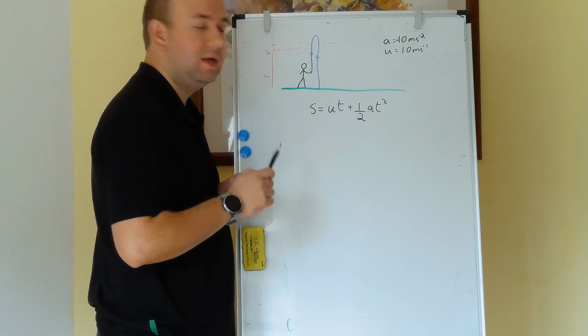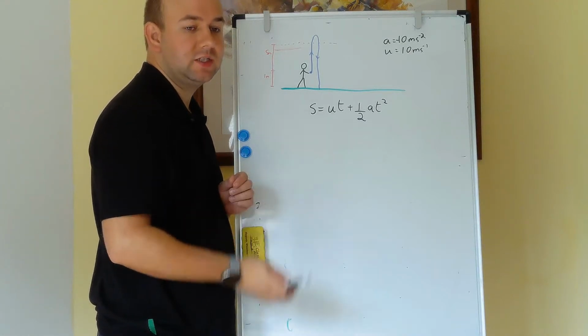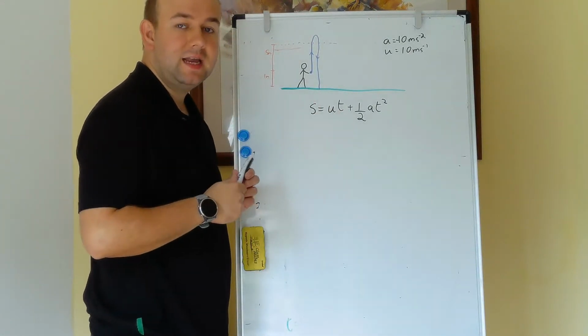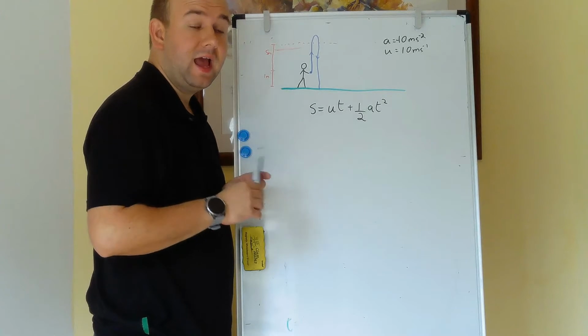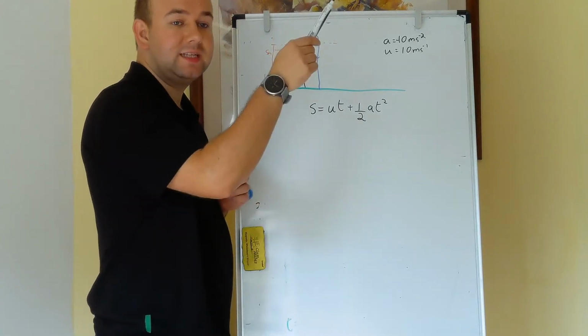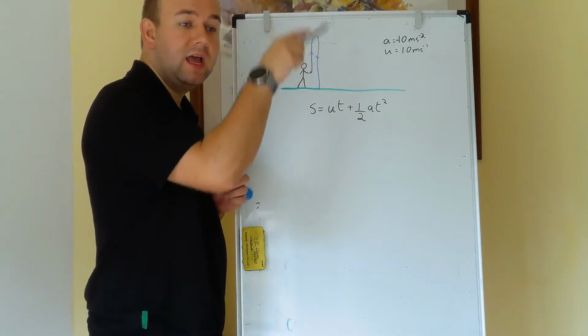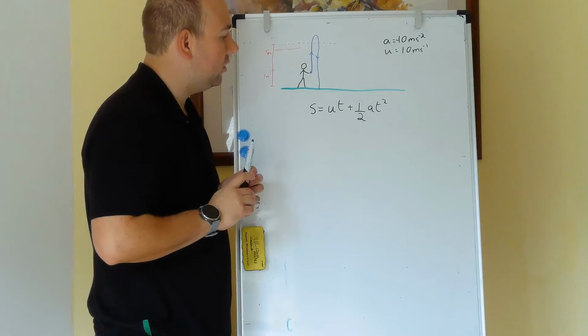What we need to do is use something called the equations of motion, because the ball is going to decelerate linearly as it goes up, and when it reaches its highest point its speed is going to be 0, and then it's going to accelerate back down to Earth.